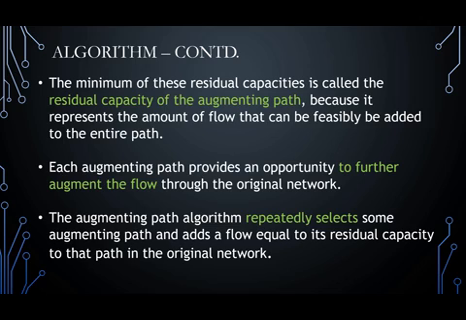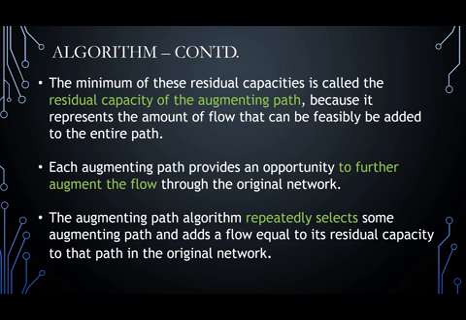Once I consider one single path from source to sink and have allowed the flow, if I know the remaining capacities, I can add those arcs into another path and allow a little more amount to flow through them, right? That is what we mean by each augmenting path providing an opportunity to further augment the flow through the original network.